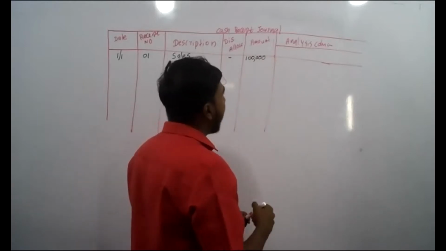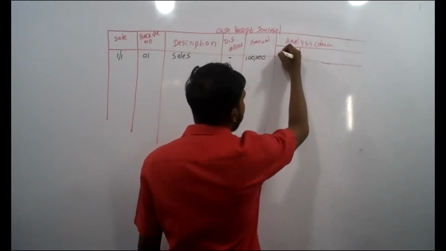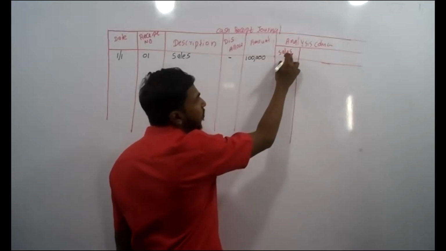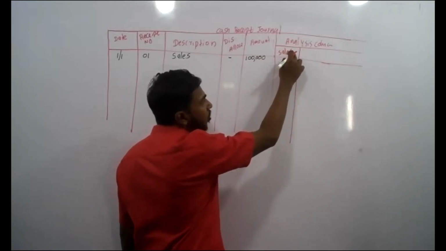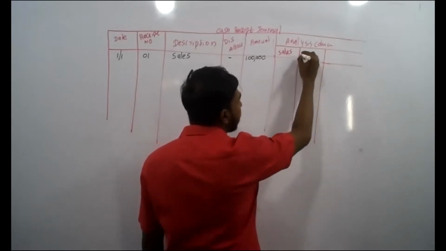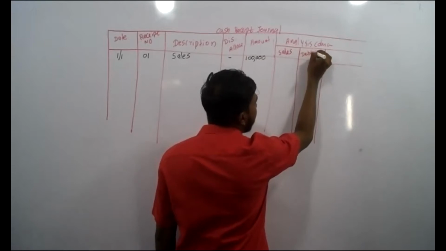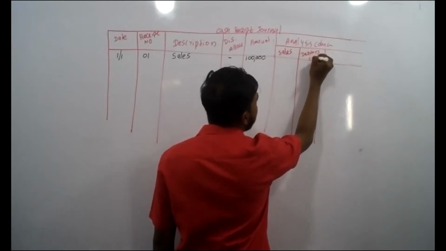So we have different analysis columns we can use. One is, we could say, sales. That means if the cash we received is from sales, this is the column to be used. Then another way you can receive cash is the debtors collection.